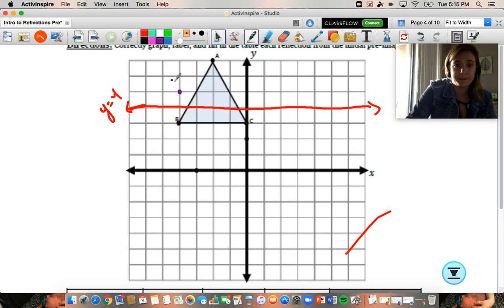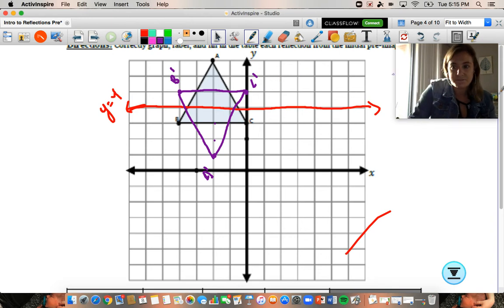And you're going perpendicularly. B prime. 1, 2, 3. This is A prime. This is 1 away, so 1 on the other side. C prime. This is going to be weird. It's going to overlap, but it's the same figure. It's reflected though. It's a rigid transformation.